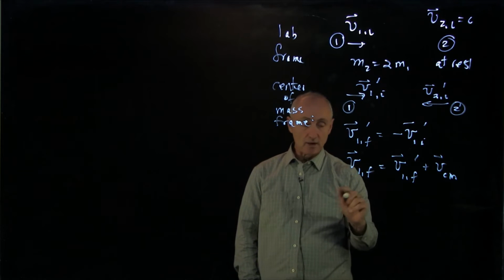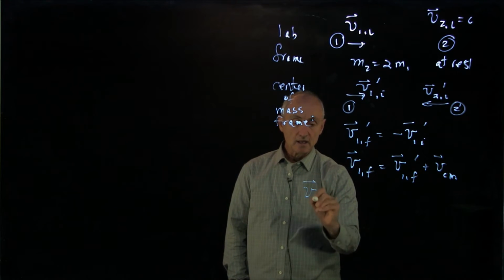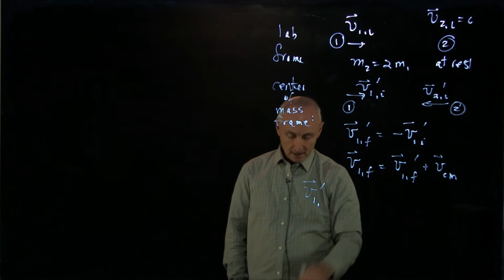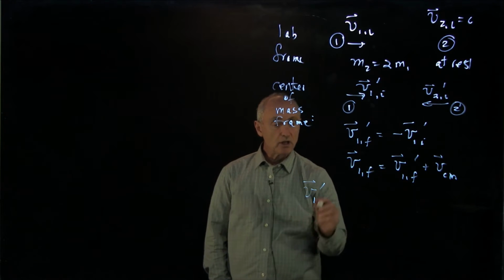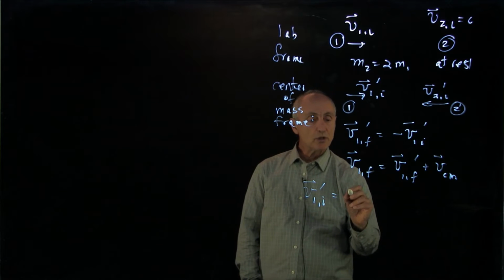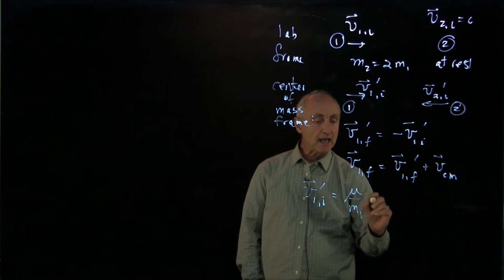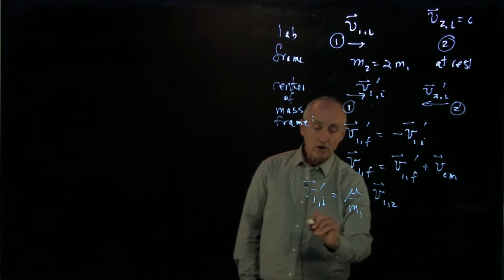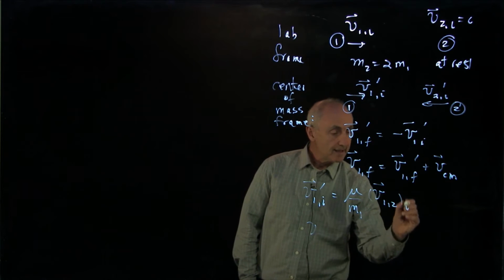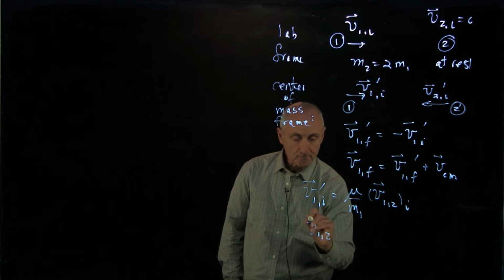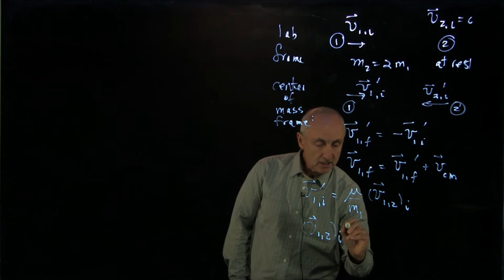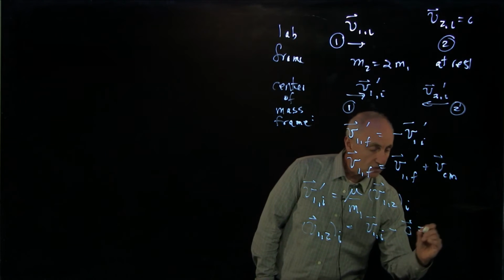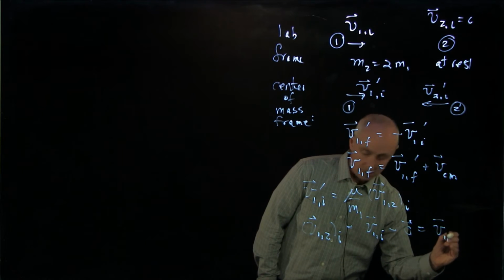And the key fact that we know is that V1 prime is equal initially to the reduced mass divided by M1 times V12 initial, where V12 initial is just equal to V1 initial minus 0. So that's V1 initial.